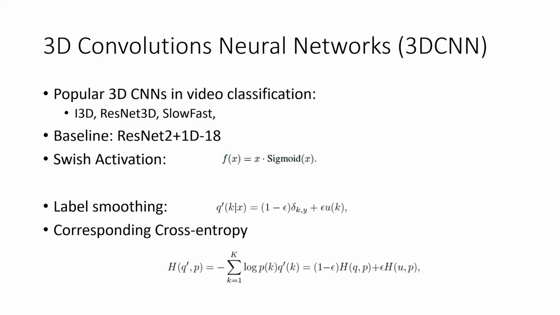For the other modalities, RGB frames, optical flow, and HHA, we use a 3D convolutional neural network to capture the spatial and temporal information from those modalities. We select our baseline as the ResNet 2+1D 18. This model is easy to train and hard to overfit. Based on the baseline model, we made the following modifications. We replaced the ReLU activation with the swish activation. We adopt label smoothing to further avoid the overfitting problem.